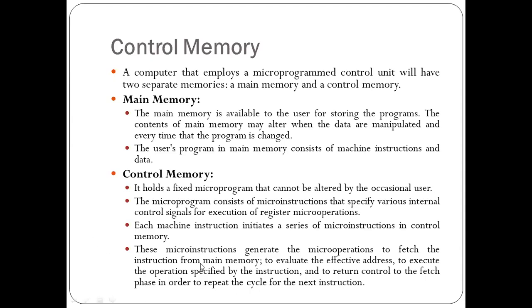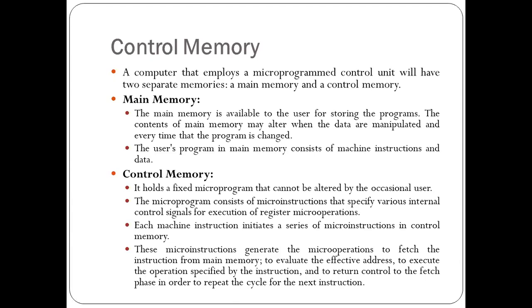Each microinstruction generates micro operations to fetch the instruction, calculate the effective address, and execute the instruction, and then returns control to fetch the next microcode. So it has to generate the next address to perform the next subsequent operations.